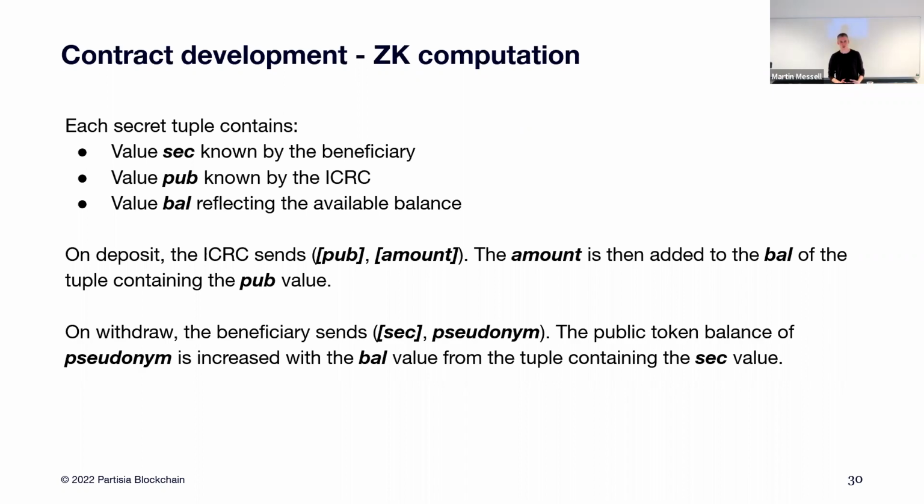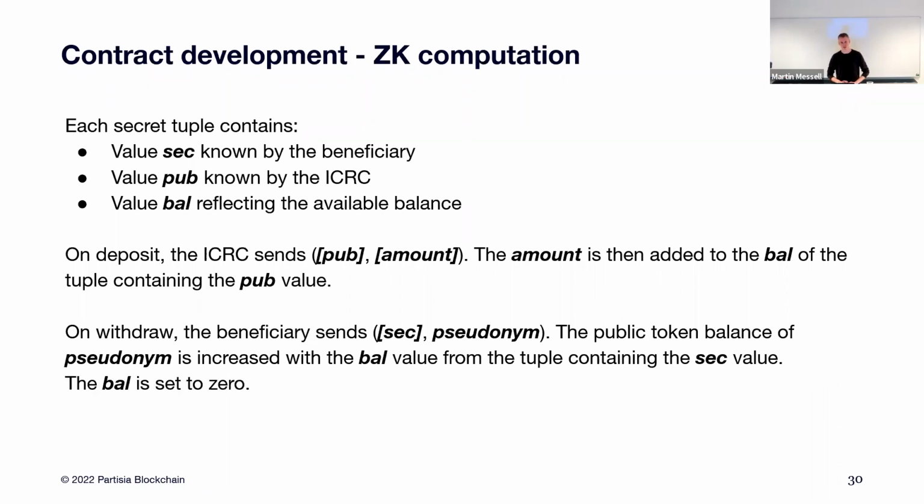And then from the user's perspective, when they want to withdraw, they send in the secret value and a pseudonym. So where should the tokens be sent on the public token contract? The public token balance of the pseudonym is then increased with what was in the balance value of the tuple containing the secret value.